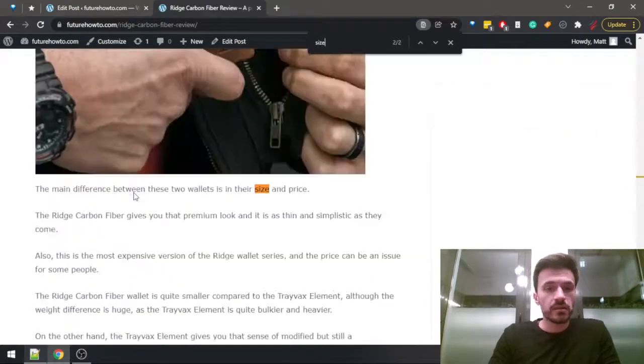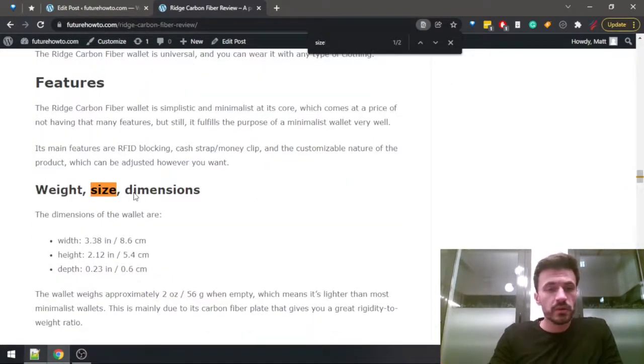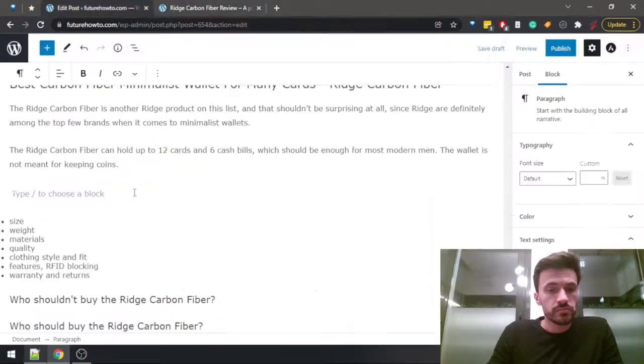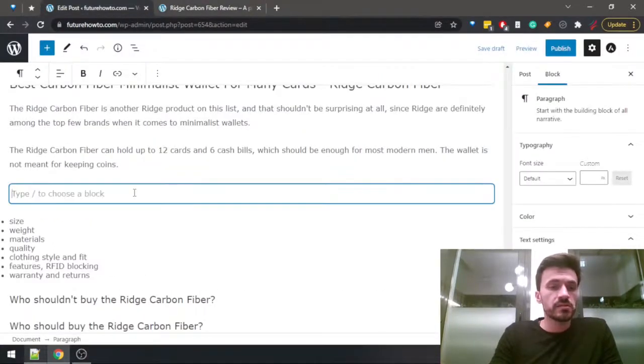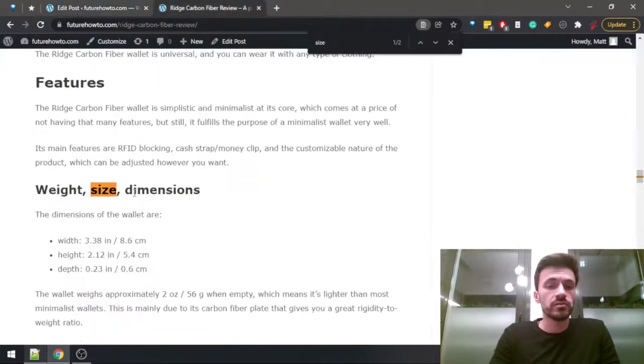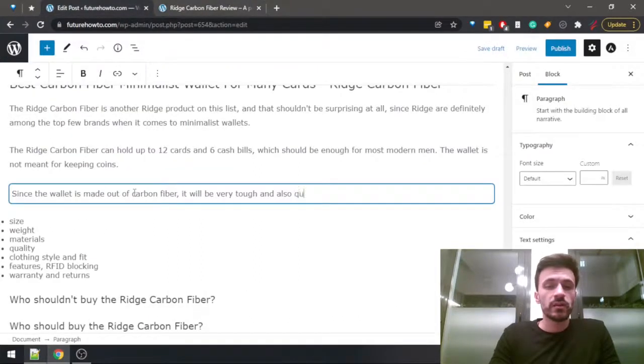Size. Since the wallet is made out of carbon fiber, it will be very tough and also quite light in weight as well.